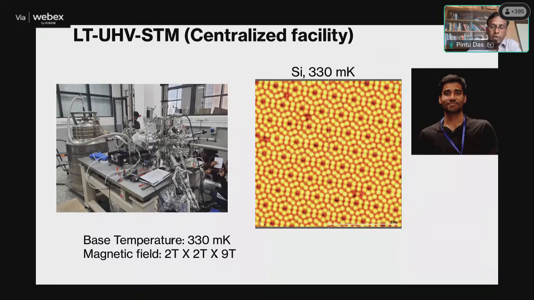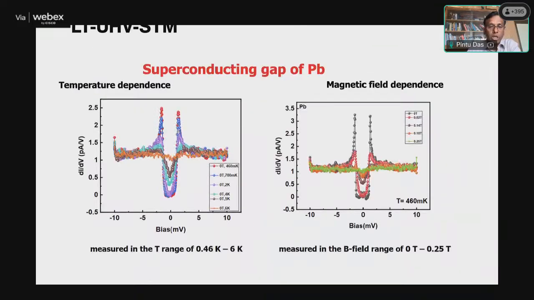One can do atomic resolution, high resolution imaging, and then high resolution tunneling spectroscopy. This dI/dV is actually proportional to the local density of states. So basically, you can look at the local density of states of different metallic systems, semiconductors, etc. So we are working heavily on using that equipment.